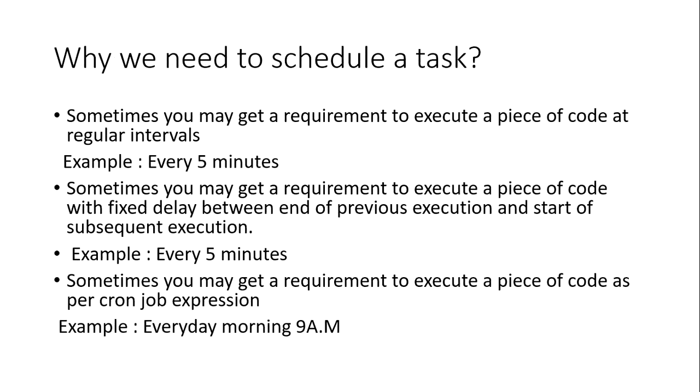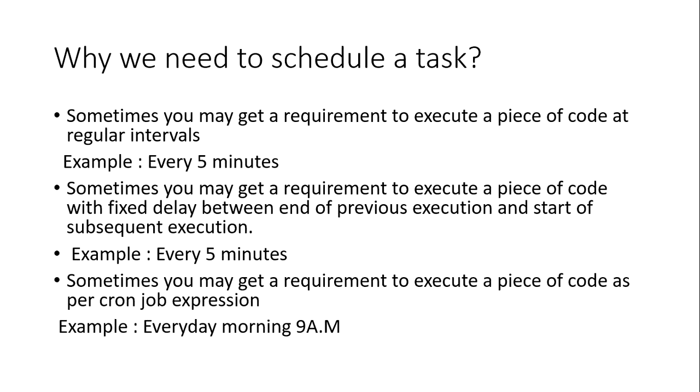The first one: why we need to schedule a task. Sometimes in real time, you may get a requirement to execute a piece of code at some regular intervals, let's assume every 5 minutes. Or sometimes you may get a requirement to execute a piece of code with a fixed delay.